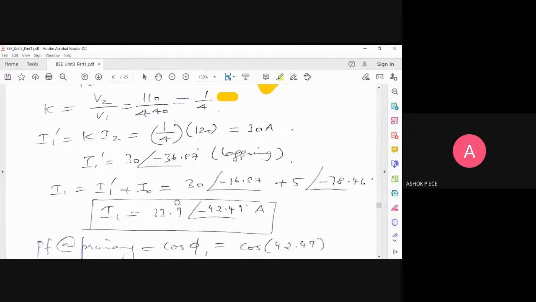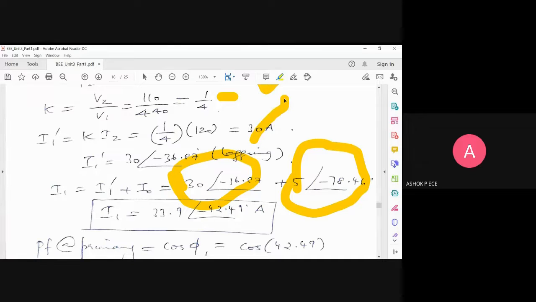So add both. I told you when you have polar notation, you cannot add them directly. You have to convert them into complex number form, add them, and again convert them into polar form. I told you in the beginning itself, polar form is suitable only for multiplication and division, not for addition and subtraction.